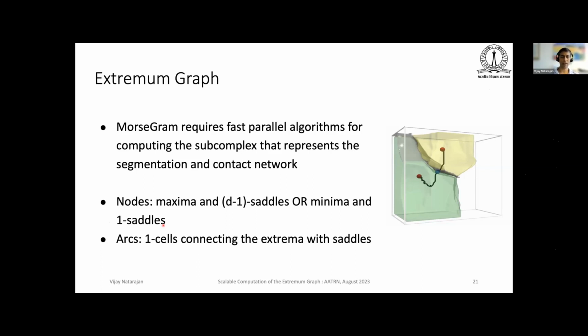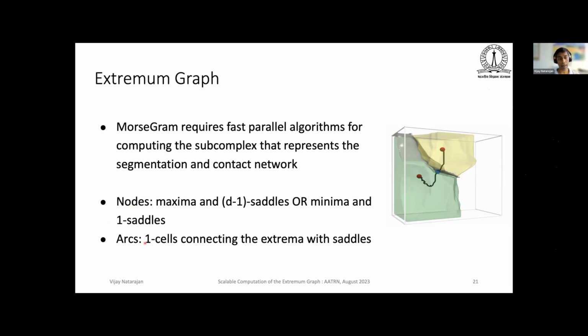Actually, we are interested in an annotated version of this Extremum Graph, namely one where the nodes are annotated with the function value at that particular node. In addition, the nodes are also annotated with the volumetric segment that they represent.